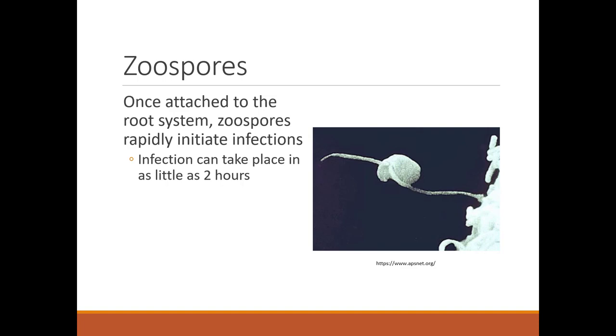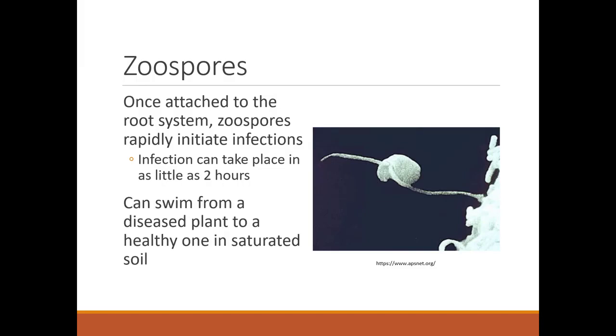So if you've got the right environment, it's definitely going to occur. It can actually move from one diseased plant to another healthy one in saturated soil. So, this is one of those situations where environment can make such a difference.